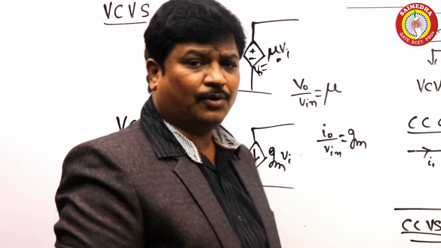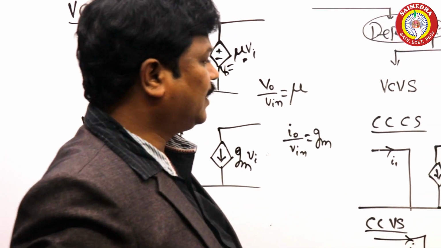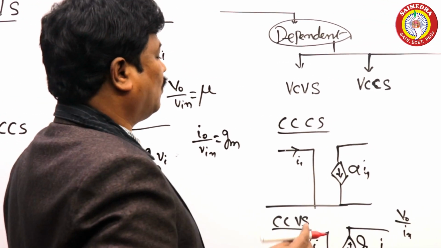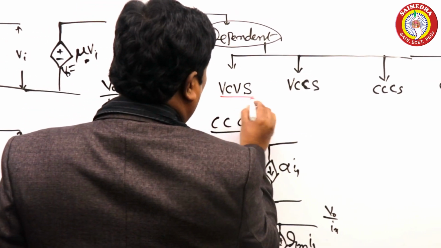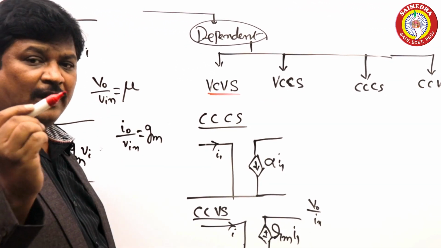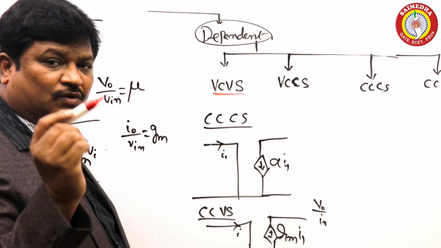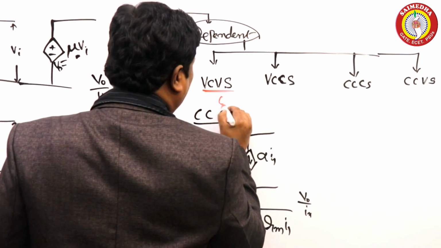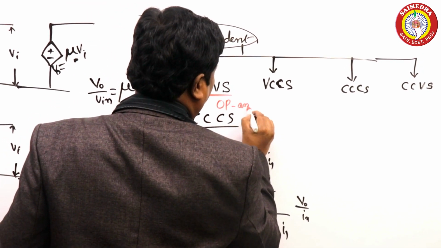I think all of you studied this in second year and have some knowledge of electronic circuits. Do you know the best example for a voltage controlled voltage source? The most useful amplifier circuit, the integrated circuit, the operational amplifier.